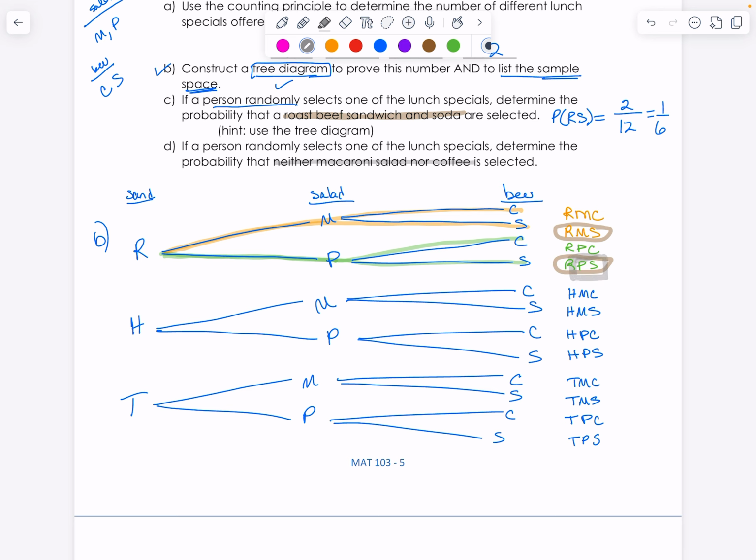So that will be that guy. It'd have to be the same thing here. Potato salad and soda. So that guy would work. And potato salad and soda. So I think it's just going to be 3 of them? So the probability of no macaroni and coffee is going to be 3 out of 12. So that probability is just 1/4.